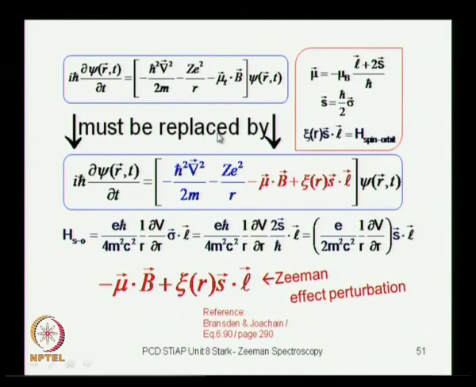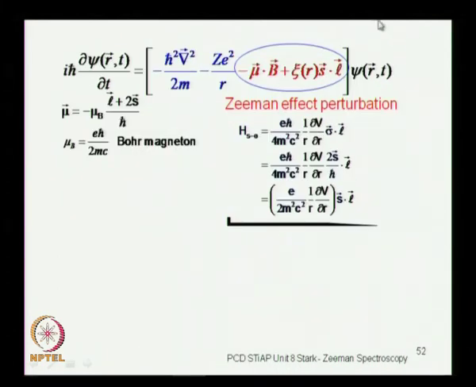Then you have perturbations due to the magnetic moment in the presence of the magnetic field, but this magnetic moment has two origins, one from orbital angular momentum, one from spin angular momentum, and then there is an additional term which is the spin orbit interaction. So, this is the Zeeman effect perturbation that we have to refer to.